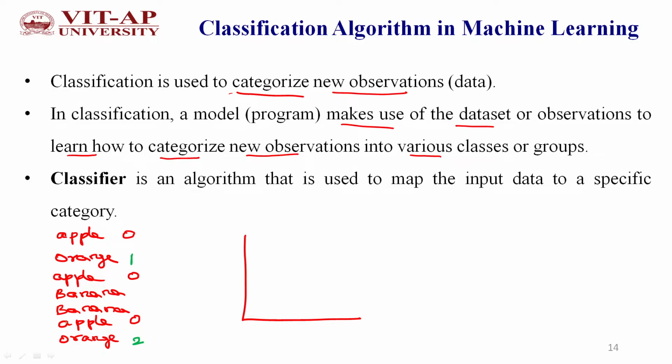So 2 oranges are there. Then we have bananas, banana 1, banana 2. So here we have 3 apples, 2 bananas, and 2 oranges.